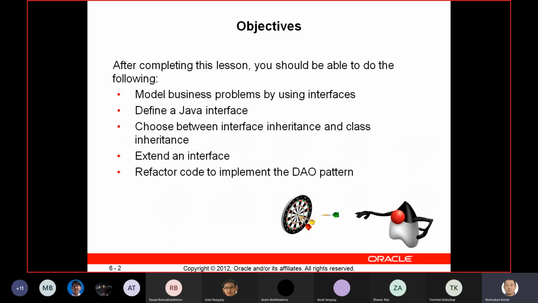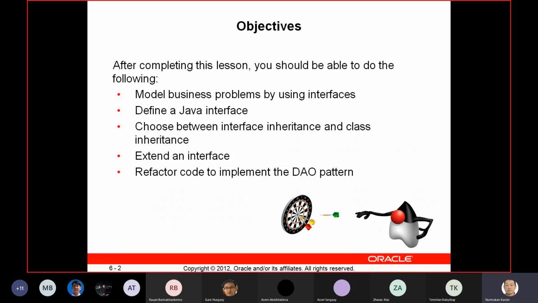So basically, an interface can be used as a standard. When you have some standard, you can define it as an interface, right? So that's a general description of how an interface is related to the business model.